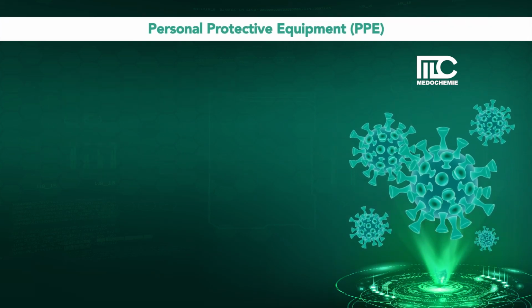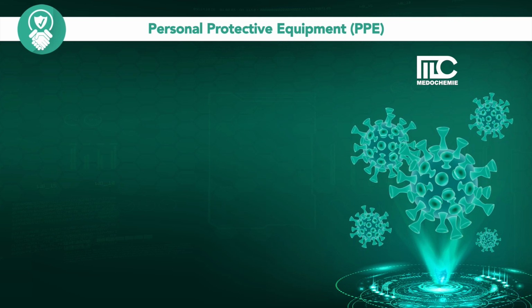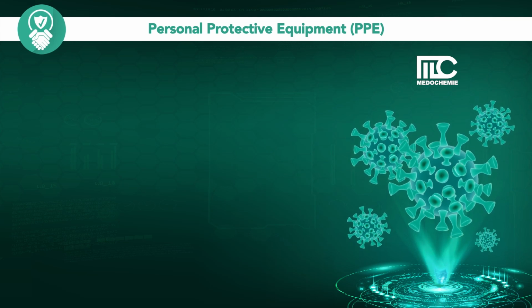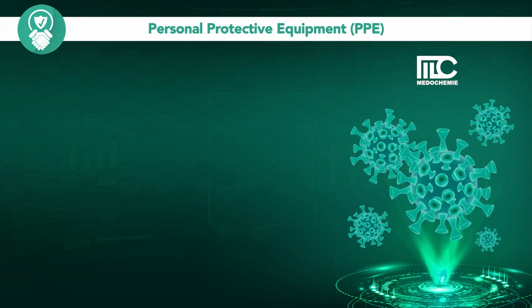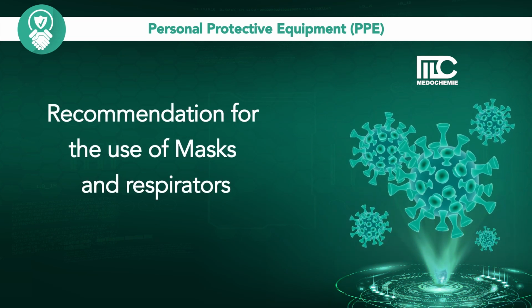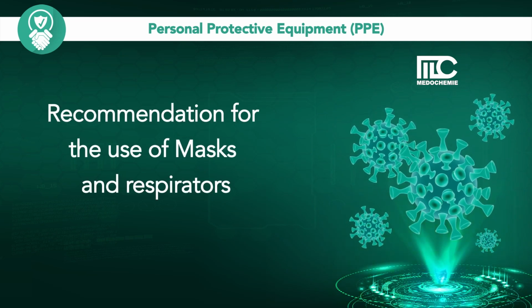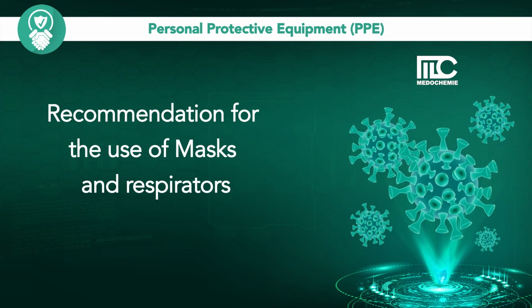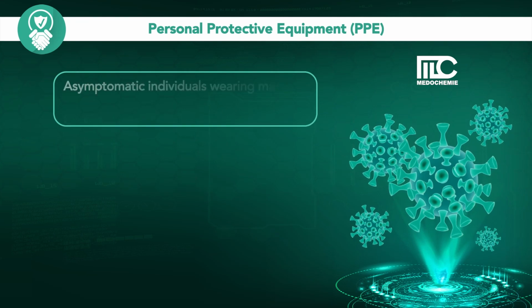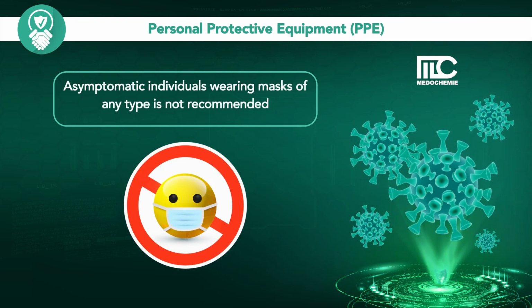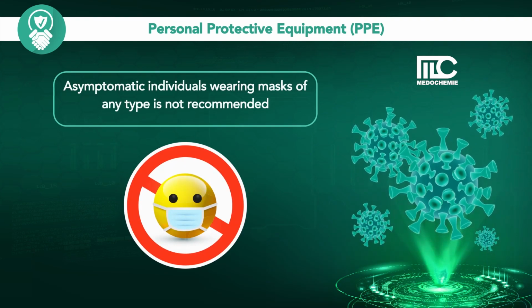What about the PPE in this COVID-19? PPE means personal protective equipment, mainly the recommendation for the usage of the triple layer face mask or the respirators. Asymptomatic individuals wearing a mask of any type is not recommended.